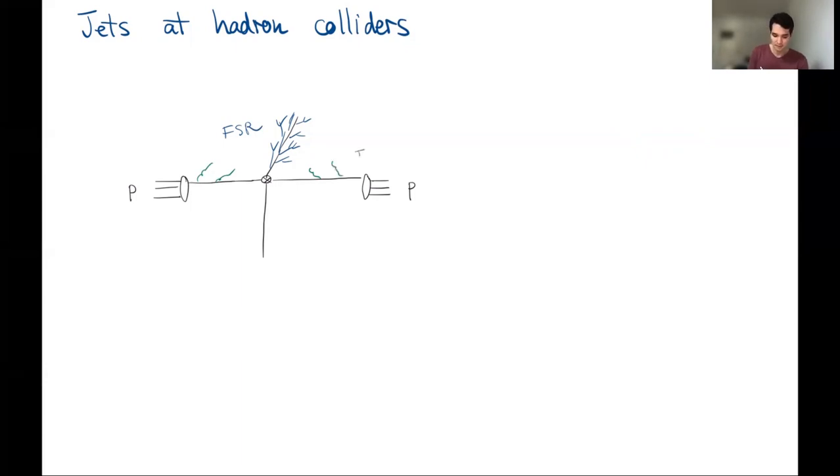And these are called initial state radiation. This kind of separation is oftentimes not possible. So it's just a little bit of a rough classification of different types of radiation that can happen.